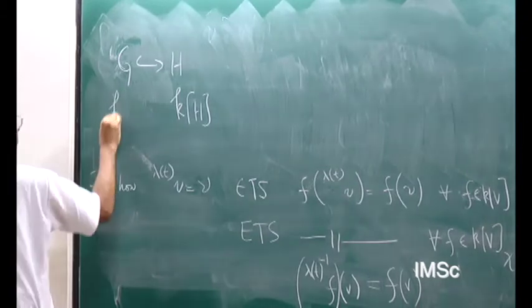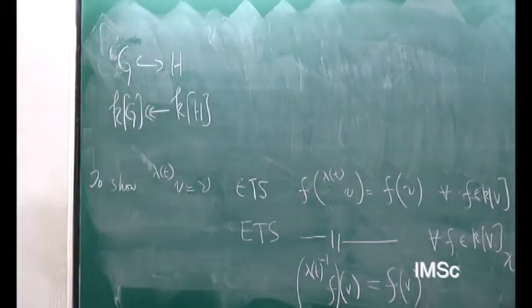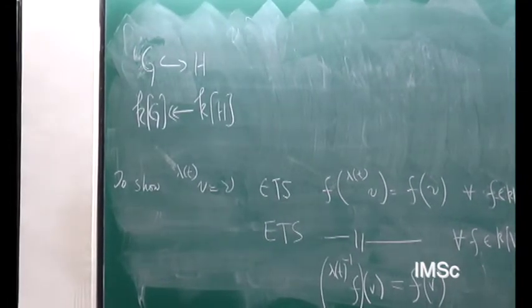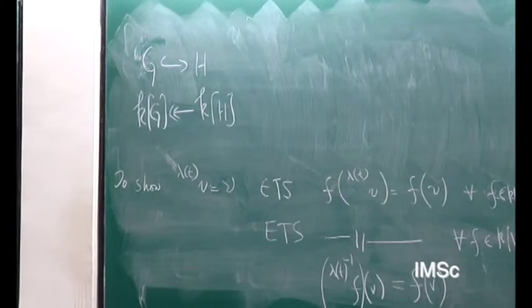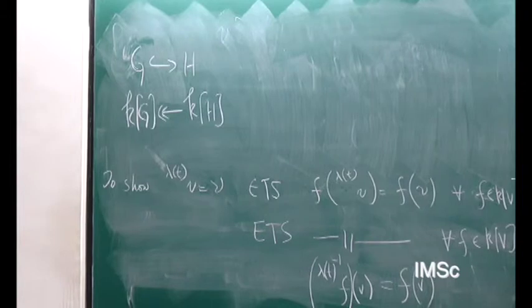So why is this surjective? I have an injective morphism of varieties, but the image is also closed. But I don't see why it is an isomorphism of varieties. No, it is not an isomorphism of varieties onto its image. But onto its image also, KH to KG is an onto map. Why?